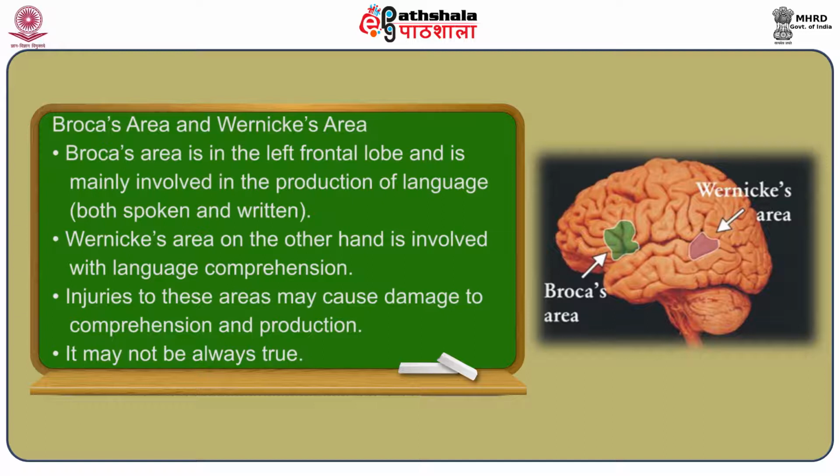Very often when there is an injury that impacts Broca's area or Wernicke's area, there is language disorder. If it hits Broca's area, then production may be affected. If you fall from a motorcycle and Wernicke's area is affected, then your language comprehension may be affected.